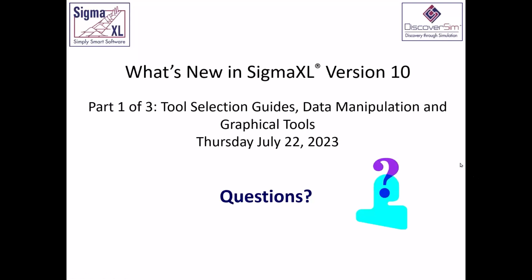All right, so I have a question here. I'll just read the question out. I was wondering if SigmaXL can be used with Power BI's robotic process automation and visual designer desktop, since SigmaXL sits on top of Microsoft Excel. And the answer is no, we are a pure Excel add-in, so we don't have any hooks into Power BI.